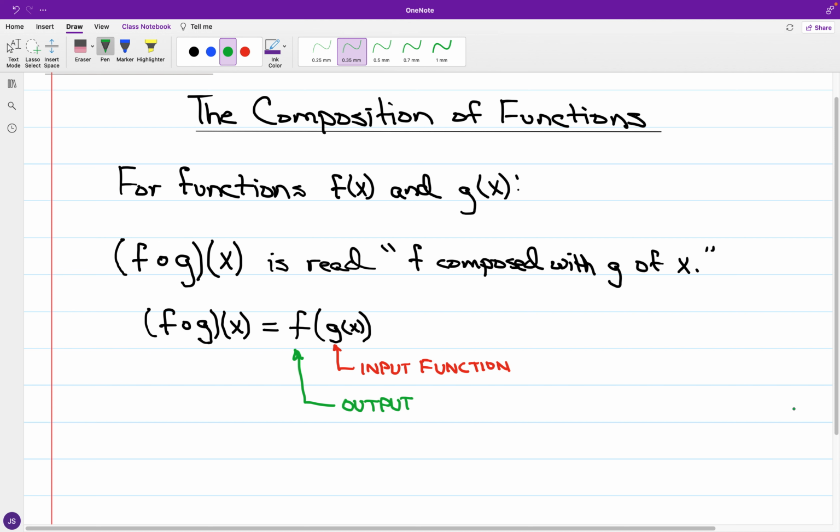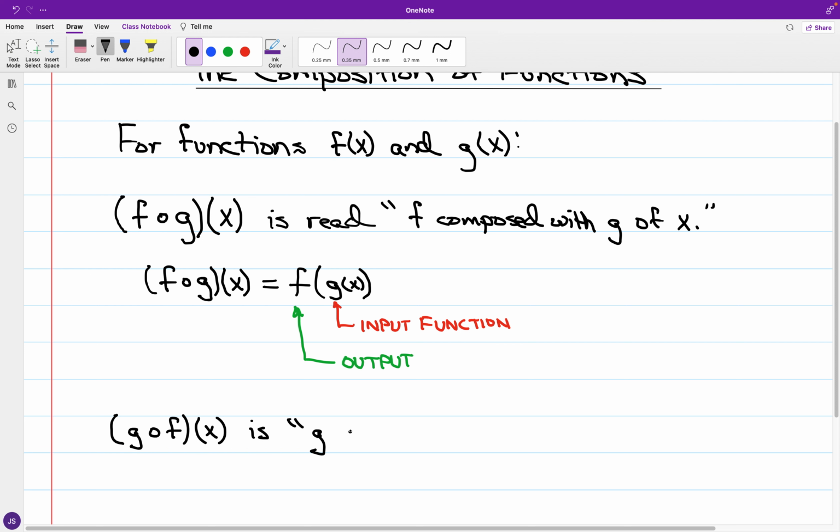And just using a little bit of switching around or inversion, if I had a different sequencing, now one instructor might call this gof x. But for what this means, you have a role reversal in terms of what the input and output will be. And this part is going to be read g composed with f of x.